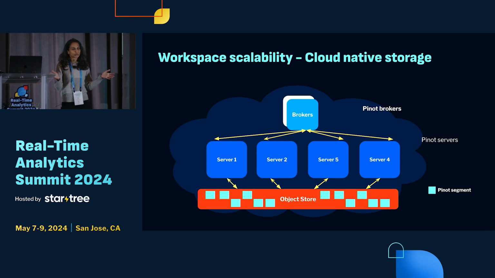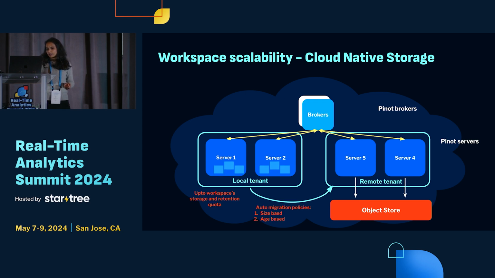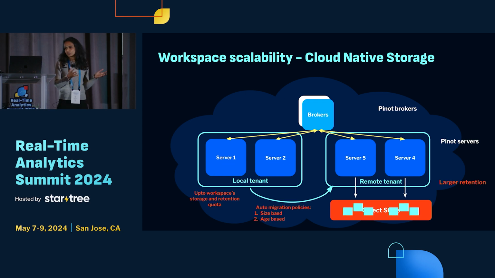You can have both, you can have just one, and then there are flexible policies that allow you to migrate data from, let's say, a local tenant. Set up some migration policy such that, hey, after this retention or this much storage, move it to the other tenant, offload the segments to remote store, and then just query the same table seamlessly without having to know where your data is placed.